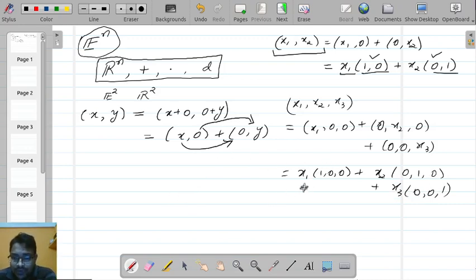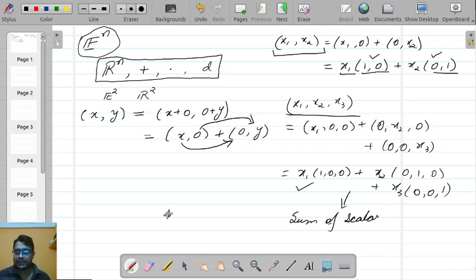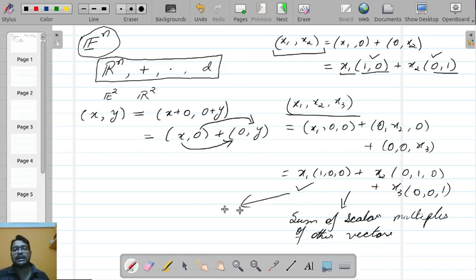This type of expression, writing one vector as a sum of scalar multiples of other vectors, is actually called a linear combination.